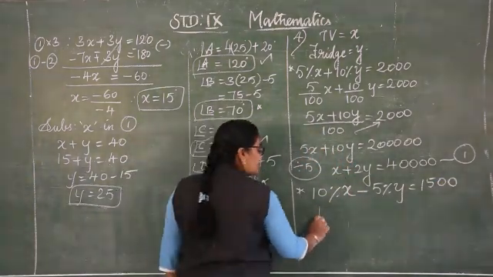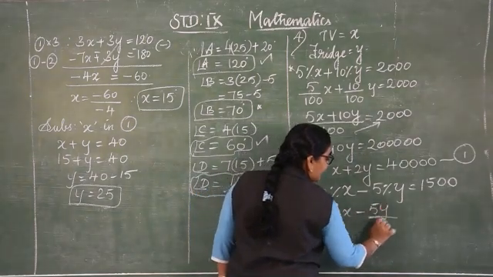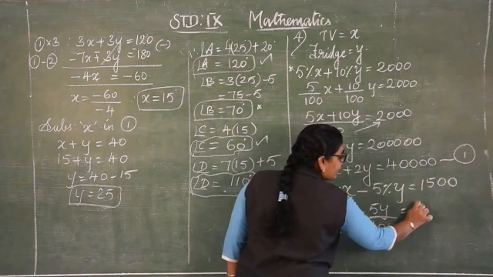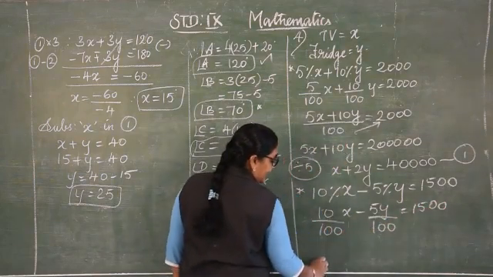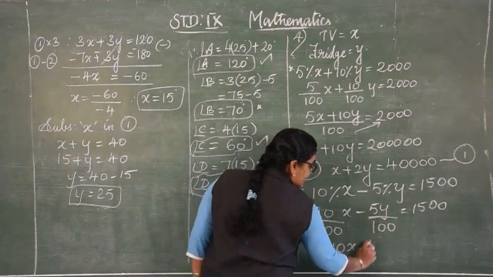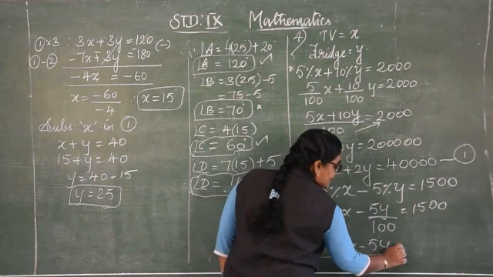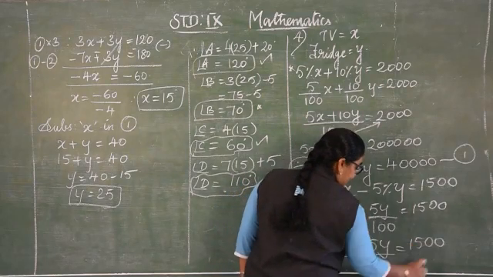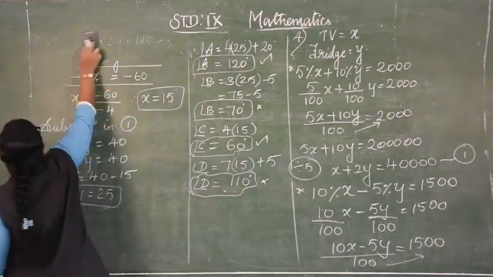Now how will we write now? 10 by 100 x minus 5y by 100 is equal to 1500. The same pattern we are having. So 10x minus 5y by 100 is equal to 1500. So when you cross multiply, this 100 goes up.